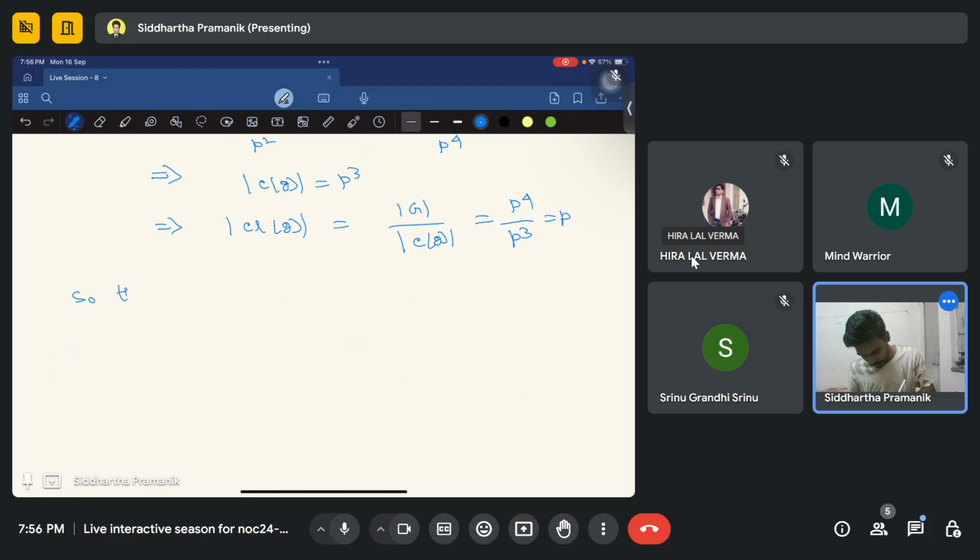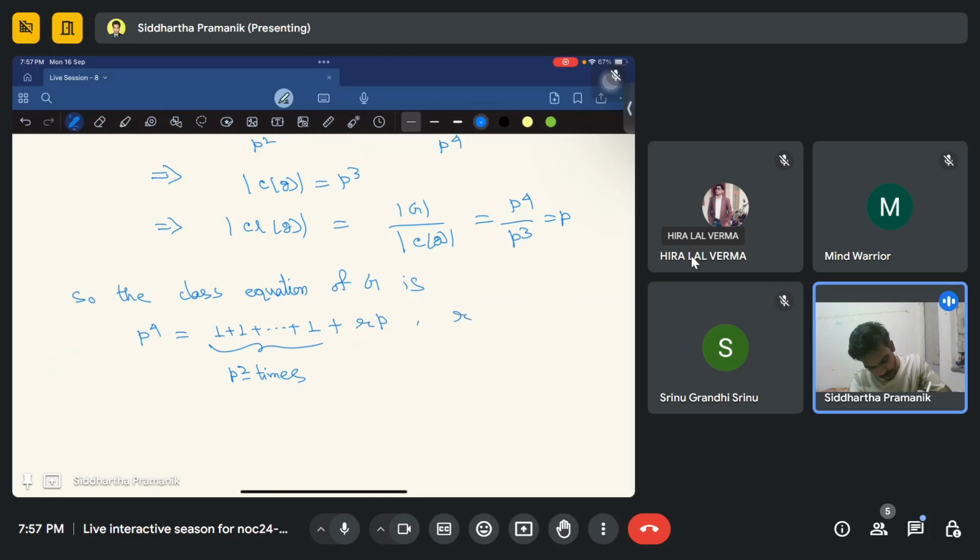So the class equation of G is p to the power 4 equals 1 plus 1 plus 1, this is p squared times, so this is for elements in the center, and plus some r times p, where r is the number of distinct conjugacy classes of order p.